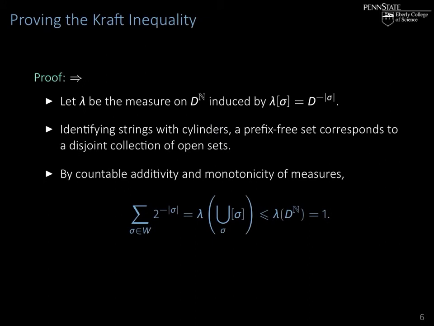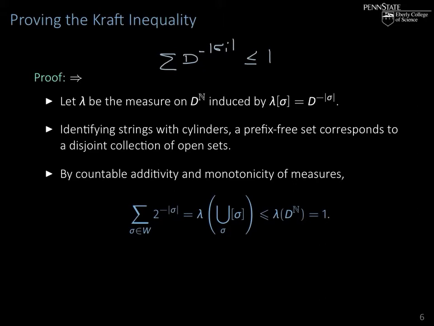So the proof of Kraft's inequality is relatively simple. We start with the necessary direction. So we have a prefix-free set, and we want to show that the sum of D to the minus the length of the code words, or the strings in the prefix-free set, is at most 1.